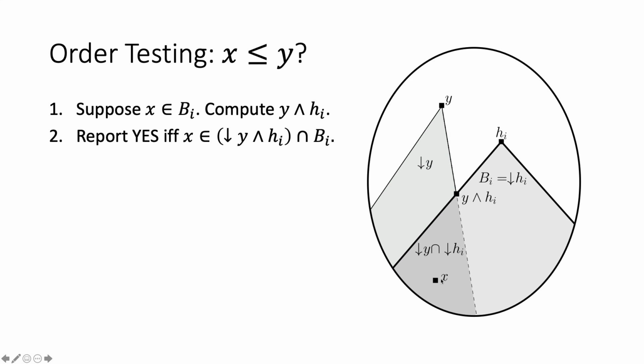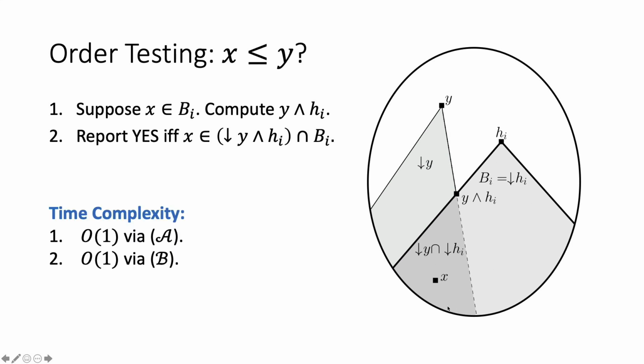We know that x is below hi because x is in bi. Then to determine if x is below y, all elements that are below both y and hi must be below y meet hi by the definition of a lattice. So I can just determine if x is below y by determining if x is in the downset of y meet hi, which is some element in bi.